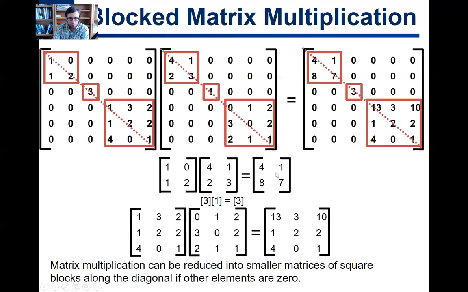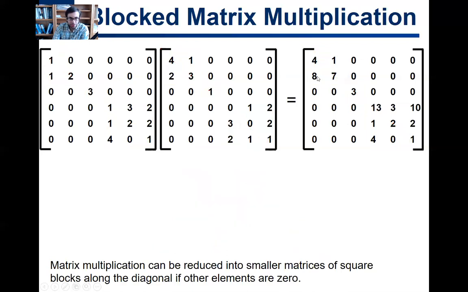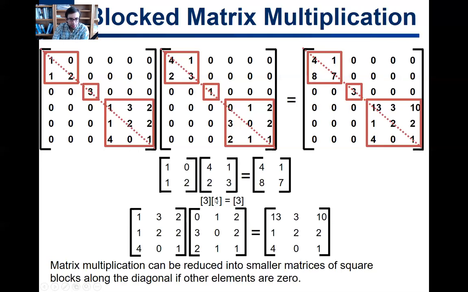That gives you 4, 1, 8, 7. And you can see that that answer appeared in your bigger matrix if you did this manually, the long way. And 3 times 1, those are 1 by 1 matrices, that equals just 3, right? 3 times 1 gives you 3 in the bigger matrix. And then this 3 by 3 matrix times this 3 by 3 matrix gives you this 3 by 3 matrix.